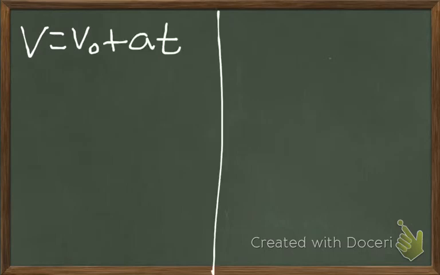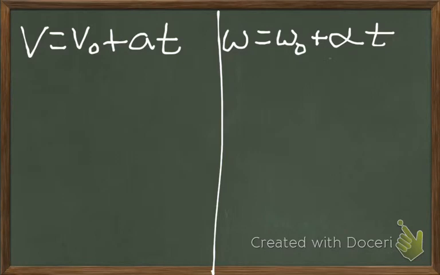So that was one of our first equations that we did for velocity, acceleration, and time. Well, if you think back to the last page, all we're doing is rewriting these same exact equations, but in terms of angular velocity, angular acceleration, and the angle. So the equation here on the right is just the angular version of the one on the left.